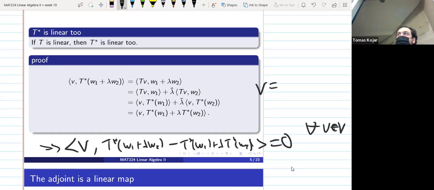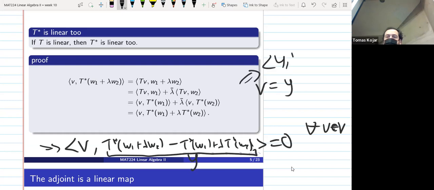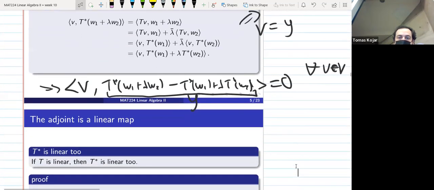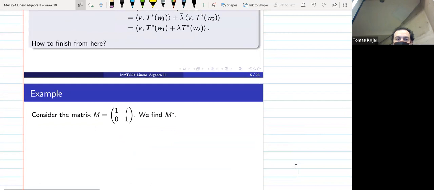What V should I take? This guy over here, call it Y. Then this condition implies that Y is 0. So you get Y is 0.